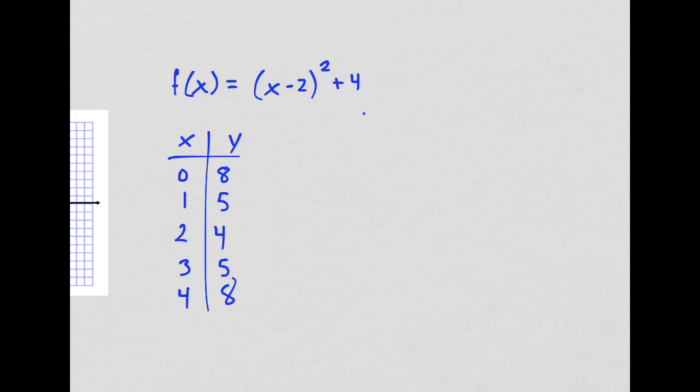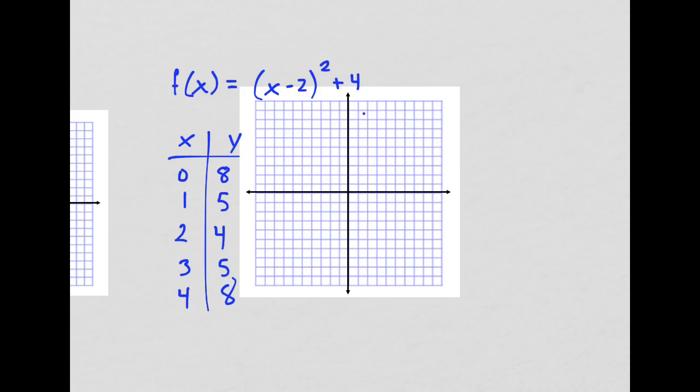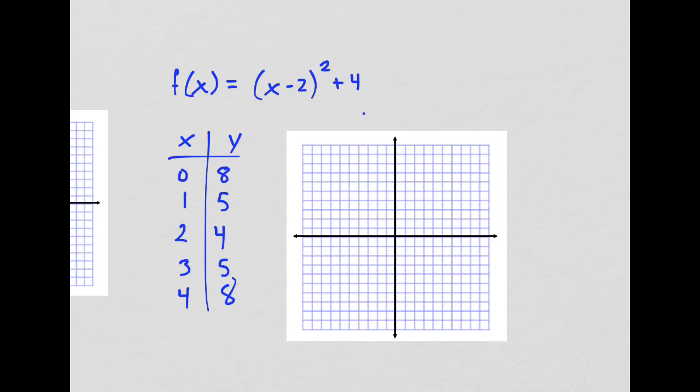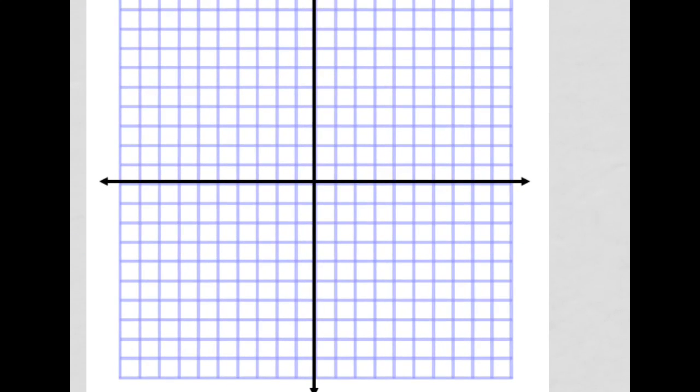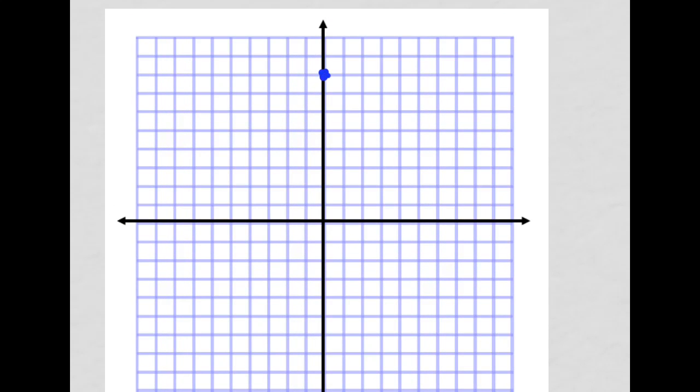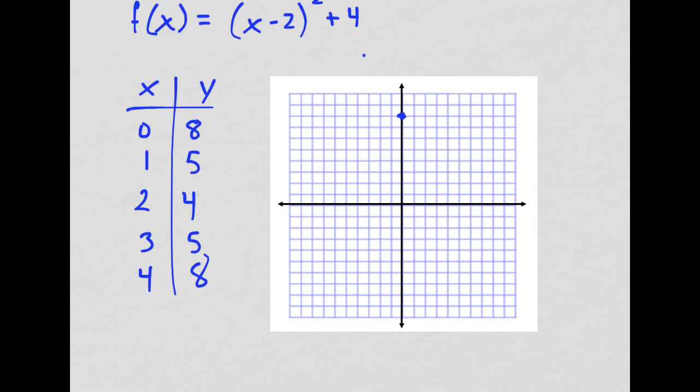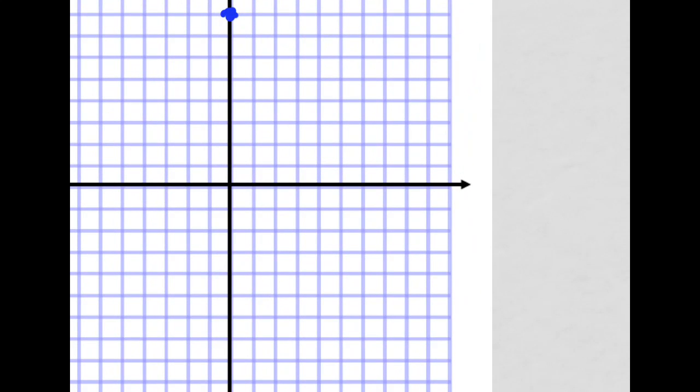But now I'm going to graph this just to see what happened. And then we're going to do another example the short way. So if I plot 0, 8, that's 0, it means I move nowhere. And then I go up 8. And there it is. 1, 5 means I move over 1, up 5. That's right there. And then I have 2, 4, over 2, up 4.